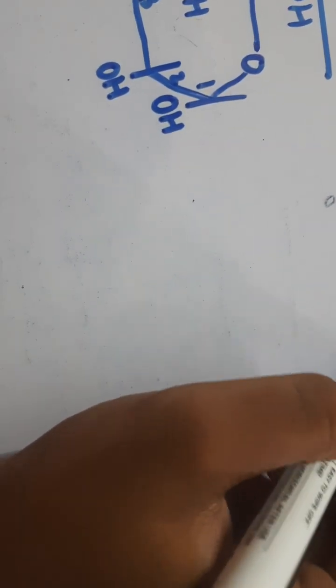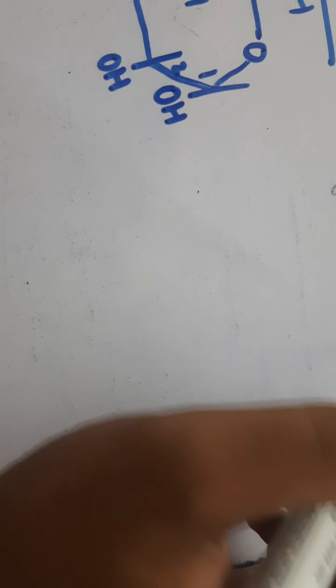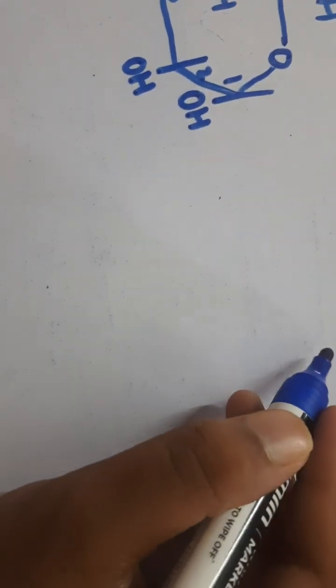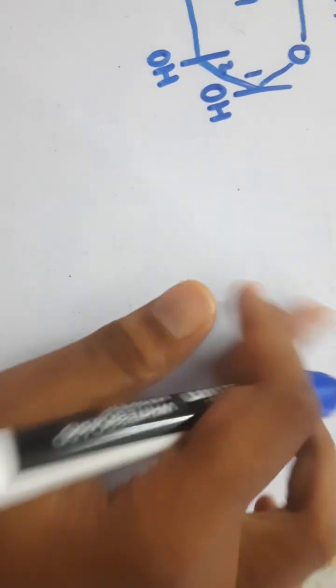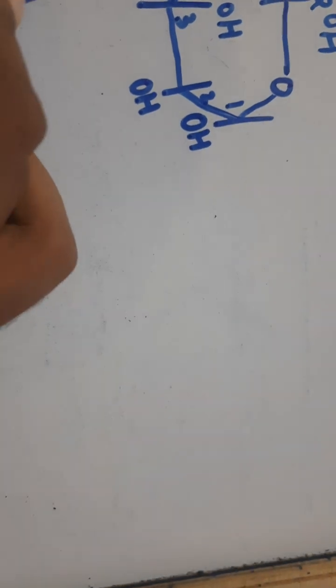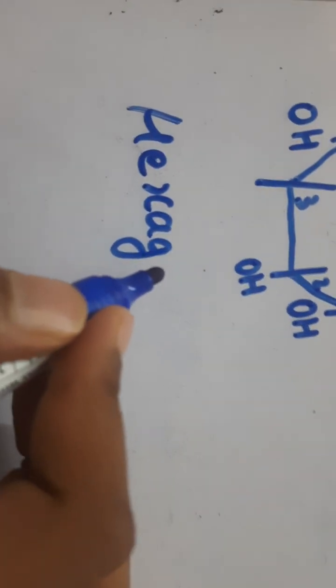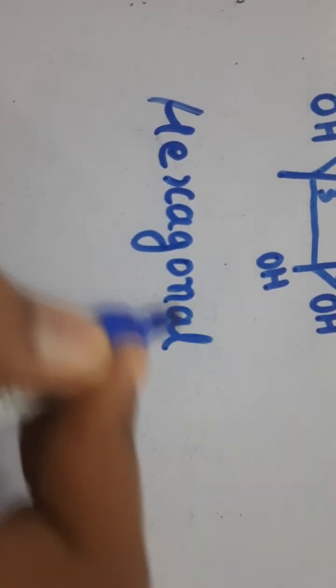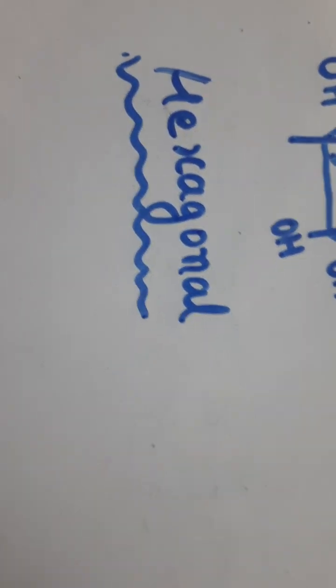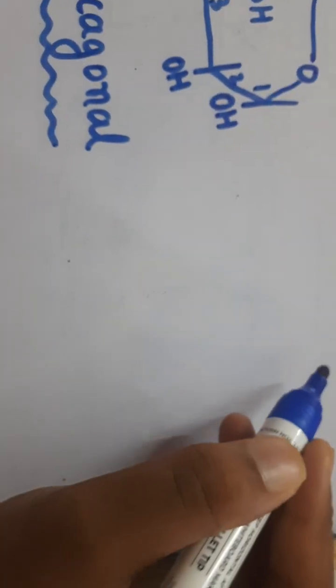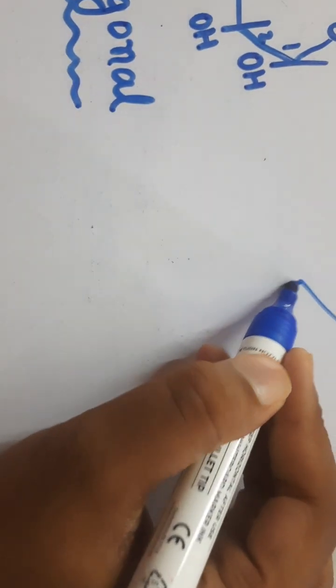Now we come to ribose. Just remember that ribose is a pentacyclic structure, while glucose is a hexagonal structure. Now we are going to draw the structure of ribose. First of all, draw a pentacyclic ring.